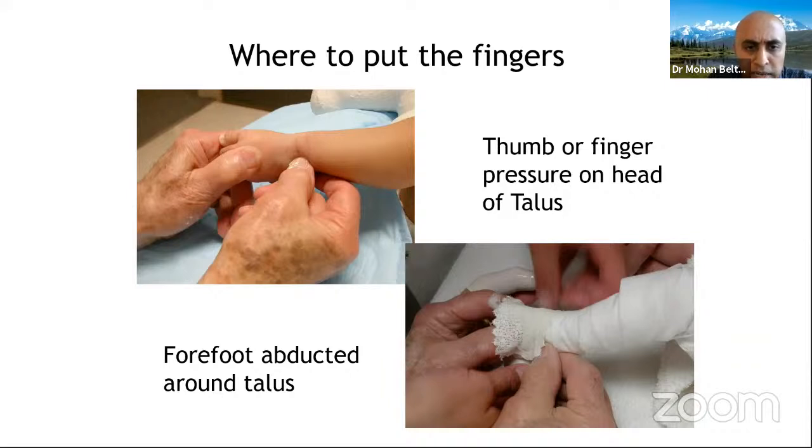The rest of the fingers can be, the index finger is behind the fibula, the other fingers are not doing anything, they are not blocking the calcaneus, and the other hand is as shown. This is Ponseti's hand, and here you show the same thing, molding. It's also important to keep the hand moving, not holding it in one position, because doing that causes indentation of the cast and can cause skin pressure.